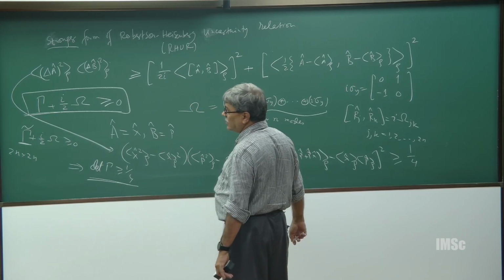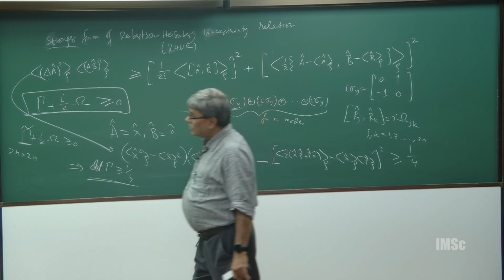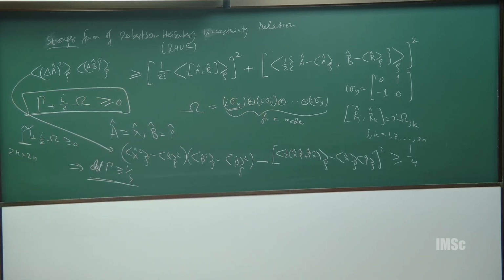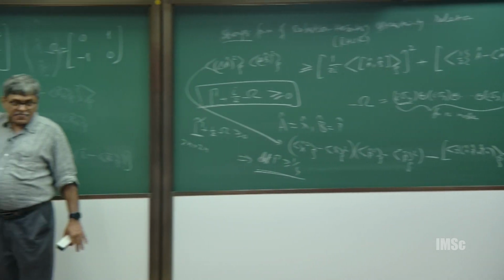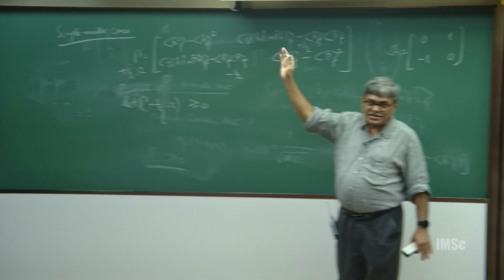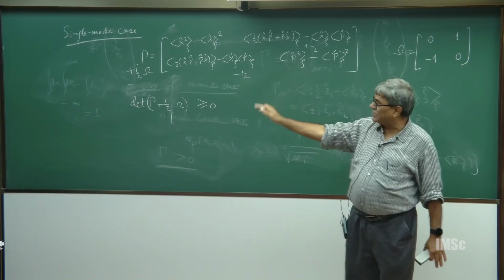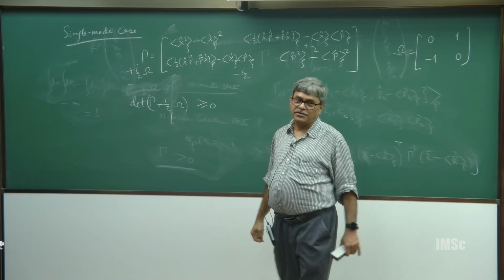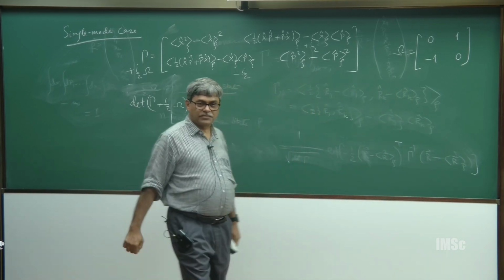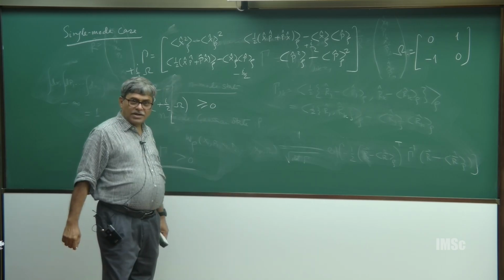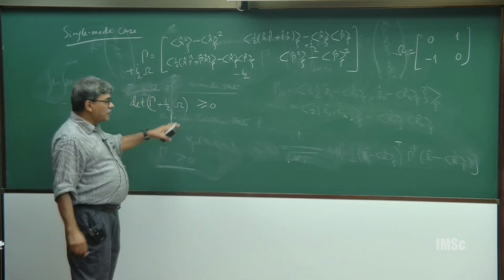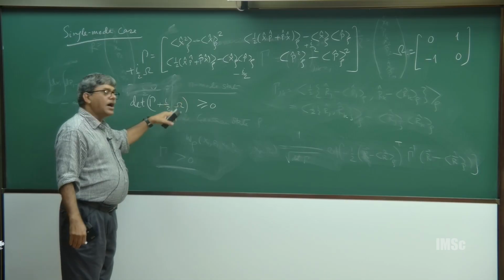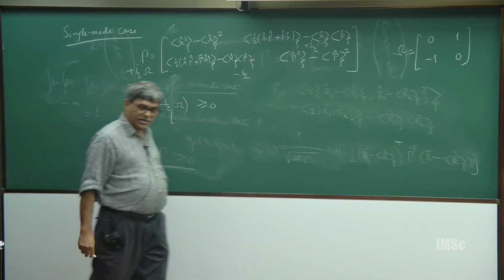Is this only true for 2 by 2? Well, it is true in general, but for the general case you will have to prove it separately. This condition alone will not be enough. For a 2 by 2 matrix only this is true, but for higher dimensions you need other conditions. Exactly.